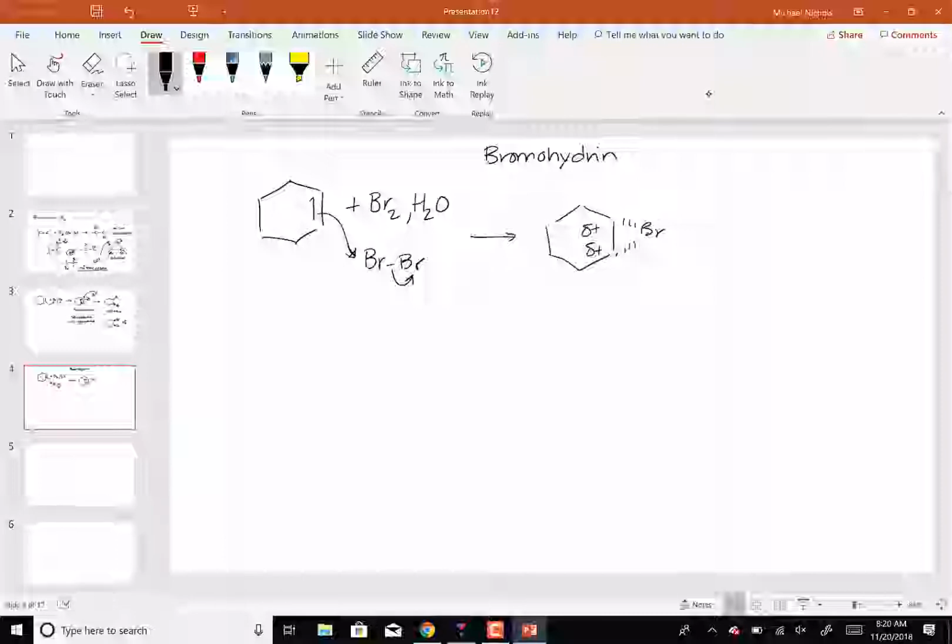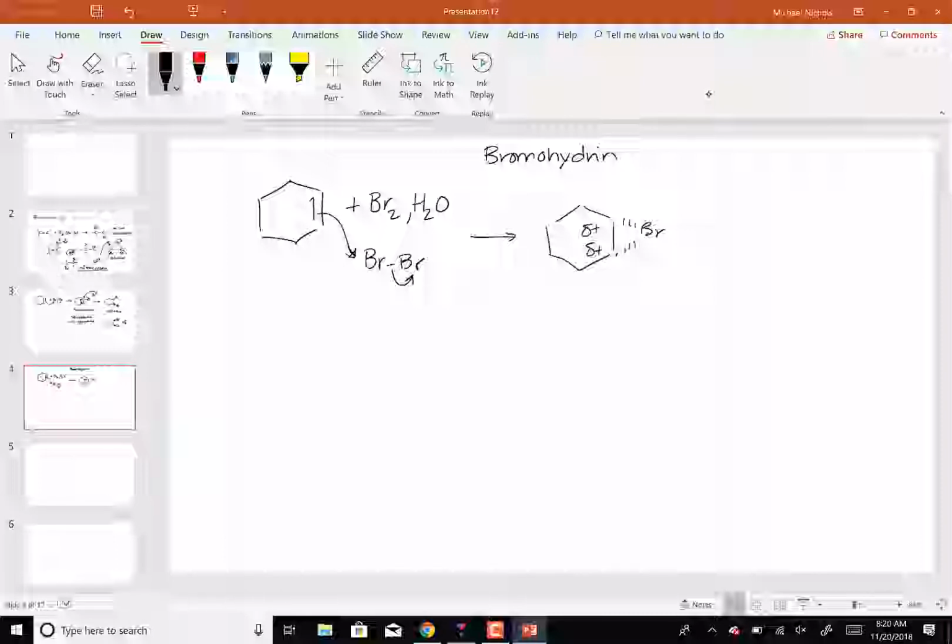Because remember, the double bond is a nucleophile, and so it must react with an electrophile. Water's another nucleophile. The only electrophile in here is the Br plus that I can make. So I make this bromonium ion.